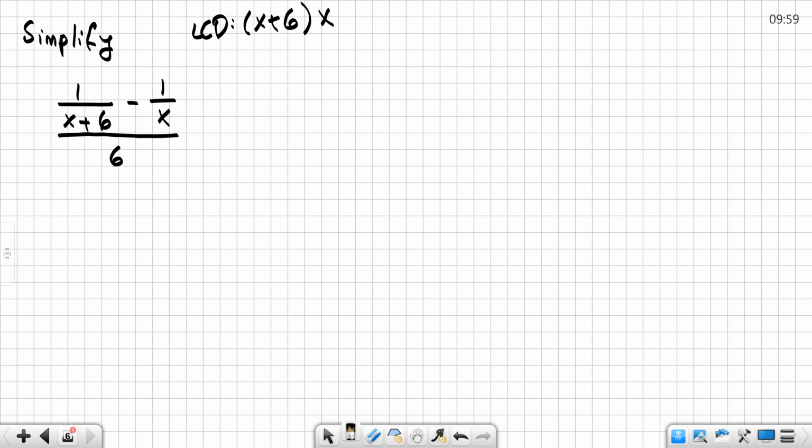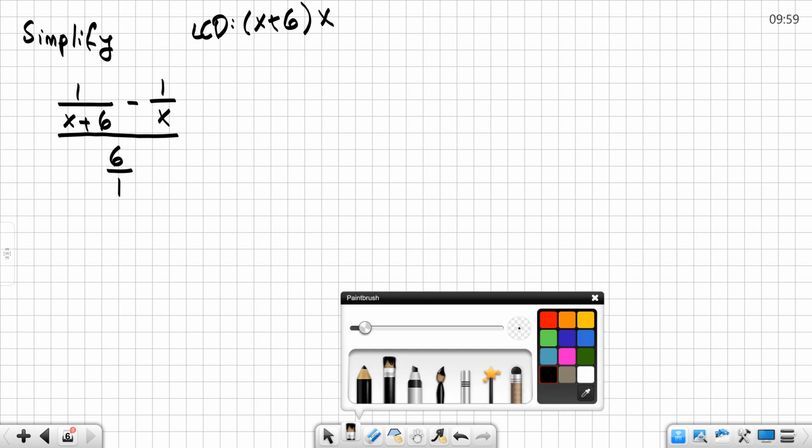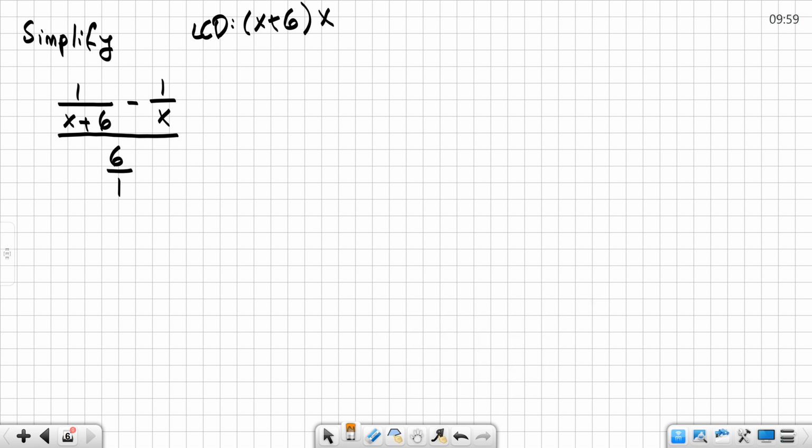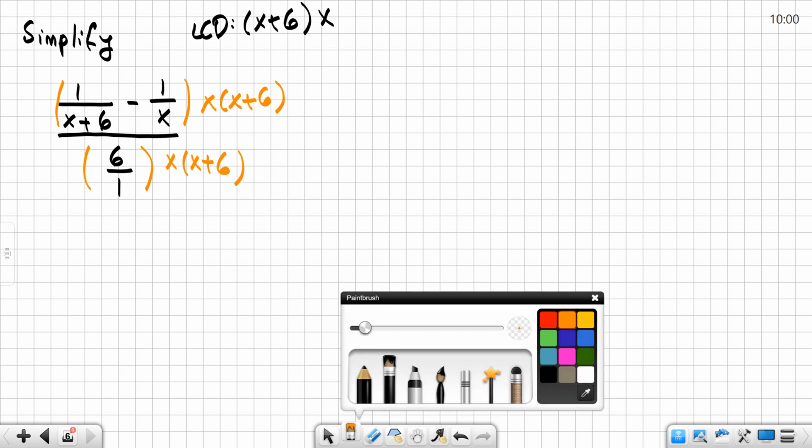The bottom part right here, divided by 6, is nothing else but 6 over 1. So the least common denominator will be x times x plus 6. And just like the other times, I am multiplying the top and the bottom with x times x plus 6.